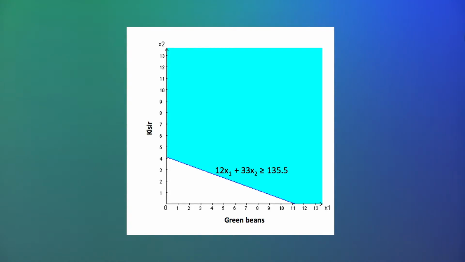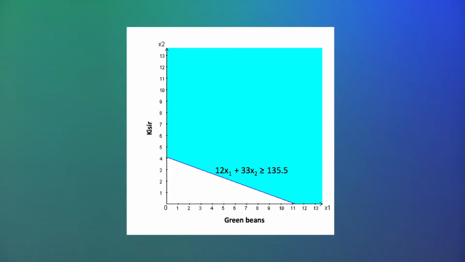So we are searching for a solution space in which every point x1 and x2 yields a sum greater than or equal to 135.5. The first step is to draw the barrier line. Remember, this is a linear program, so we know that the constraints can be expressed as linear combinations of x1 and x2, and the barrier must be a straight line.